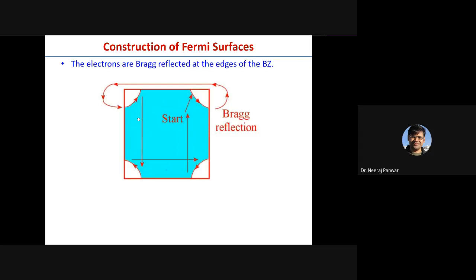The Bragg reflected point can be represented here, since this point is equivalent to this. So again it will start moving here, and when it moves here, again it will be reflected. Because all these lines are equivalent, the electron will move like this: it will be reflected, go here, then go here, be reflected, move in this direction, and then be reflected again.